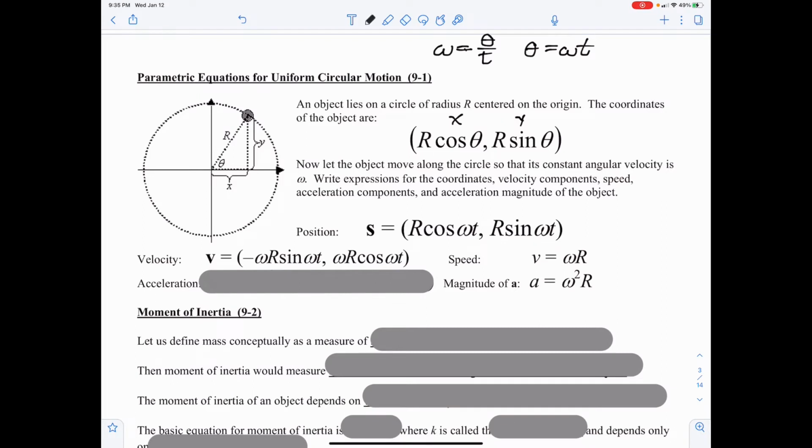What you're doing is you're taking the position vector and you're deriving it.